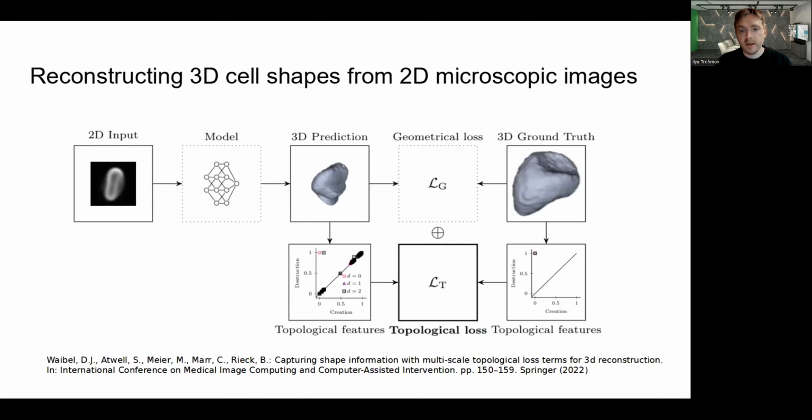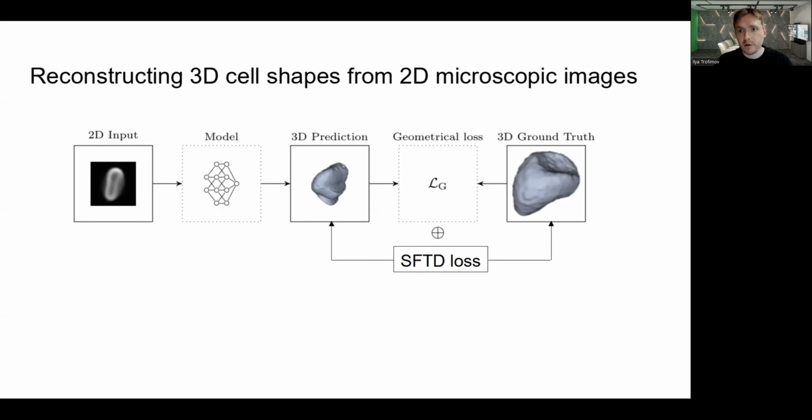As a practical application of the developed topological tools, we study reconstructing of 3D cell shapes from 2D microscopic images. We took a method which is called Shopper and replaced a topological loss inside it, which is based on Wasserstein distance, by the proposed scalar function topology divergence loss, which we made differentiable.